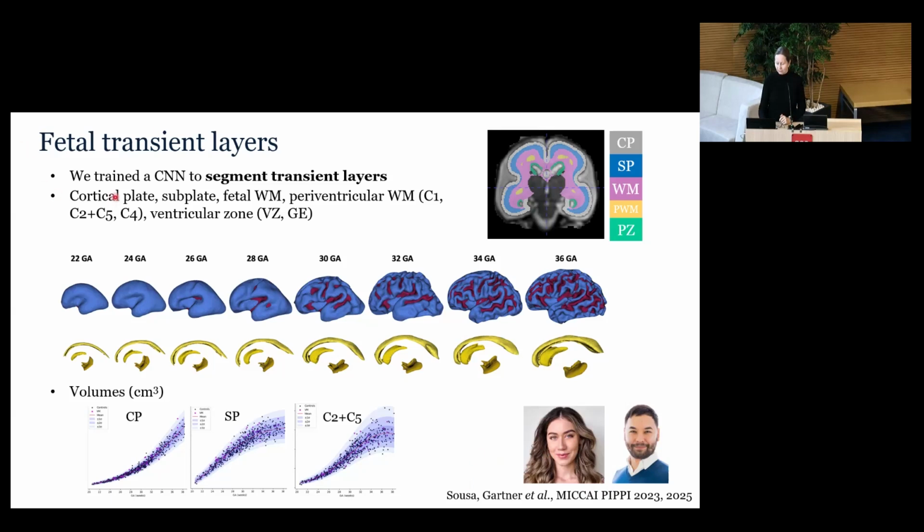And we have cortical plate, subplate, fetal white matter, periventricular white matter, and ventricular zone that is separated from ganglionic eminence. We have 2 papers published on that, but we are preparing a manuscript that we plan to submit soon.